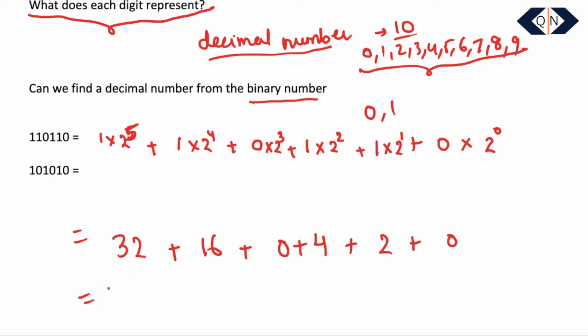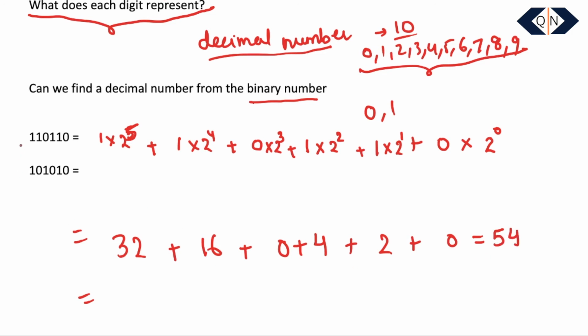If we add all this, what are we going to get? Can you calculate it faster and comment down? So we are getting 54 as the answer for the first question.